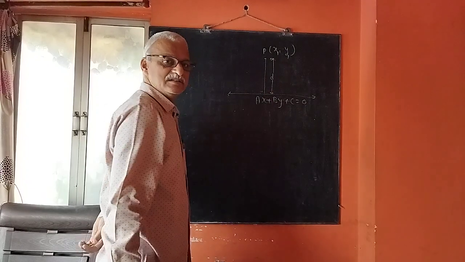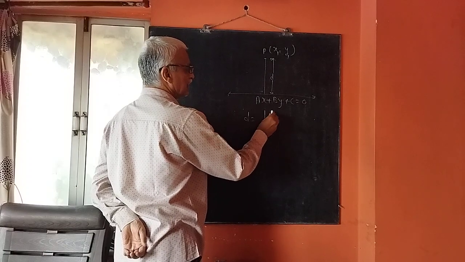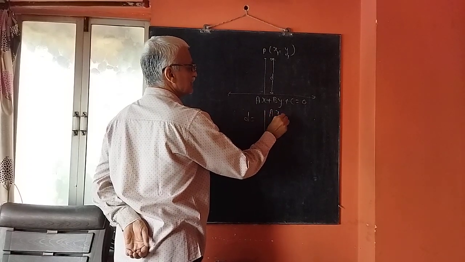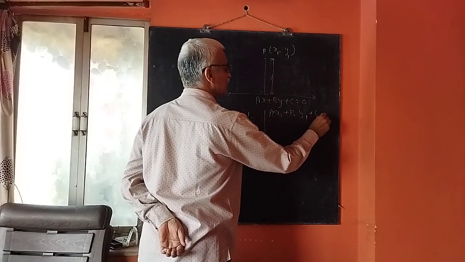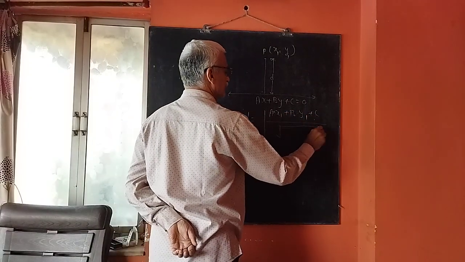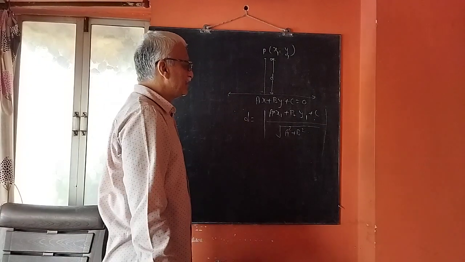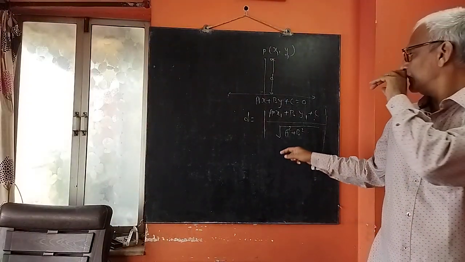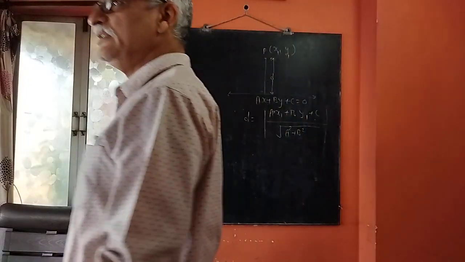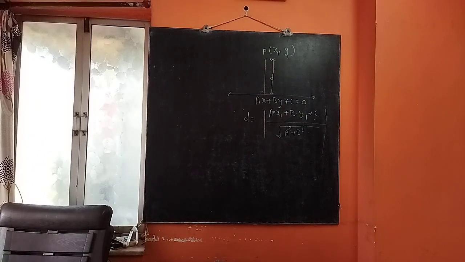This distance is given by d equals to mod of a into x1 plus b into y1 plus c upon square root of a square plus b square.